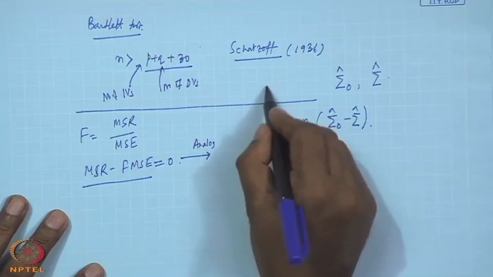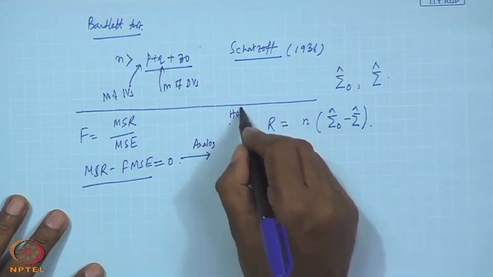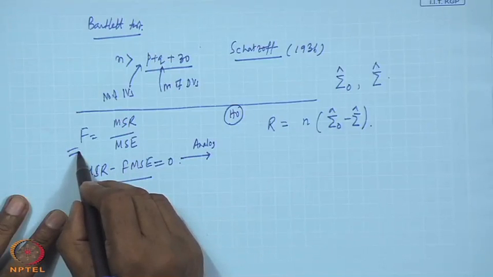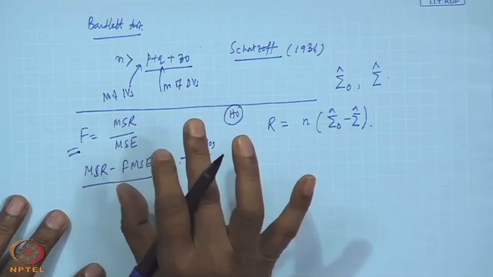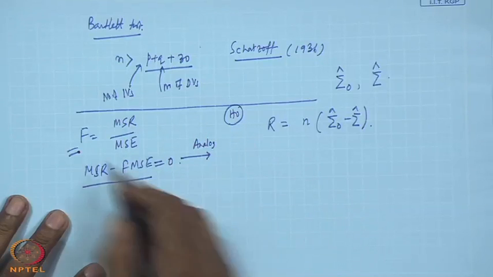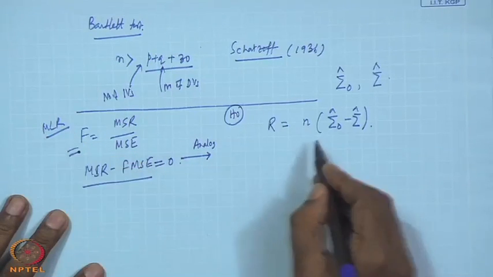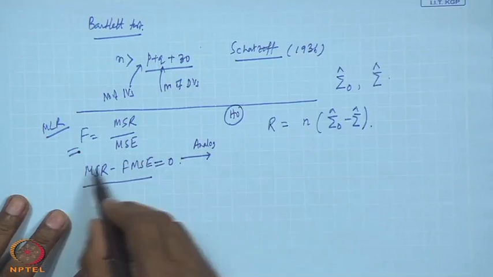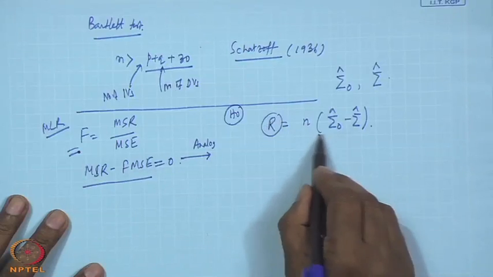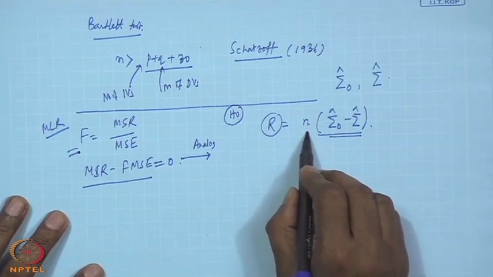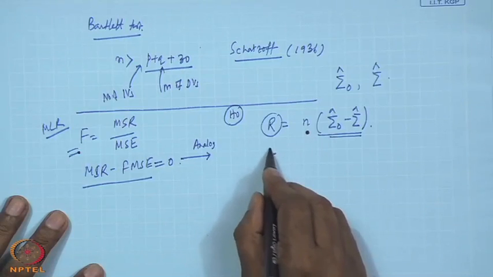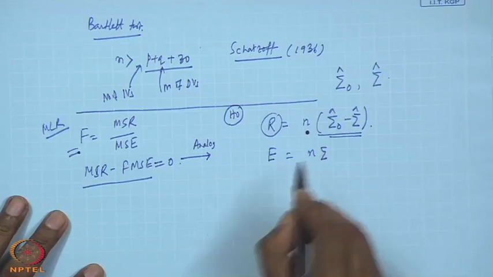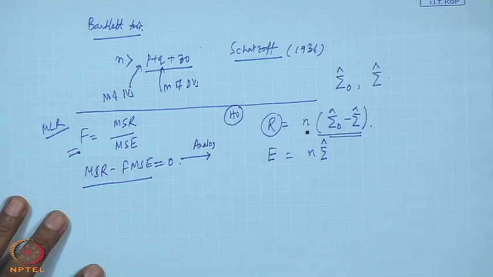You test H0 here, as in ANOVA also you test H0, and then through the F test you say yes, some of the variables are contributing, that is in MLR. But in MBLR also, what is this? This R is the difference between this and this, multiplied by the number of observations, and if I say that E equal to N, that is the full model.